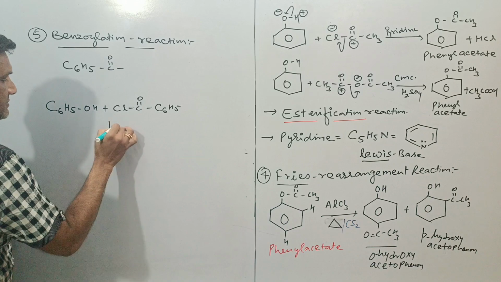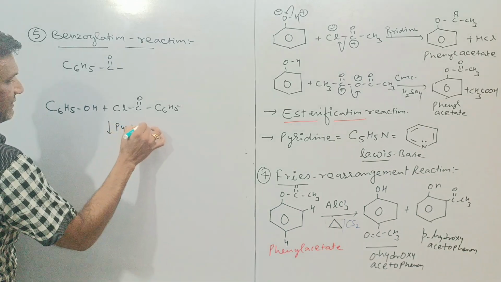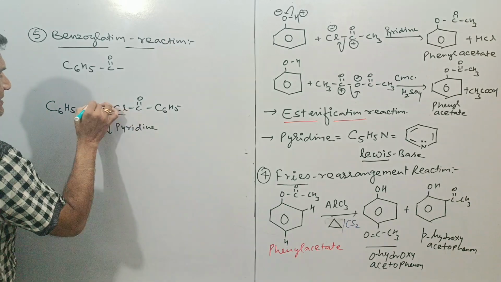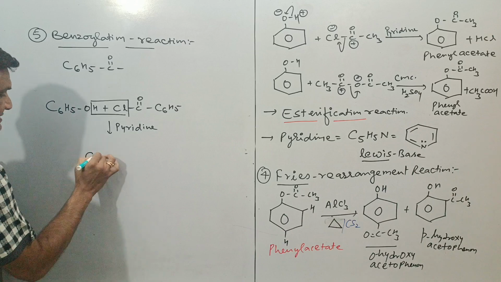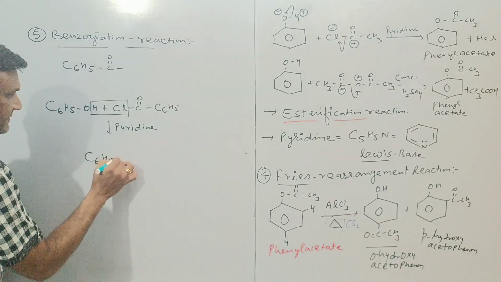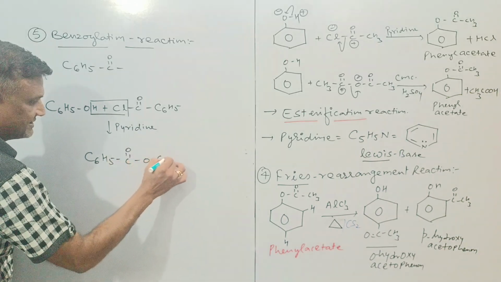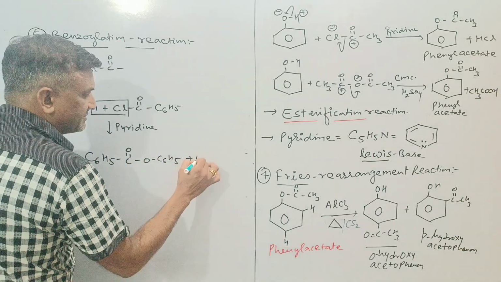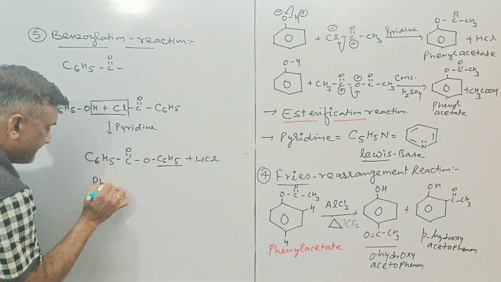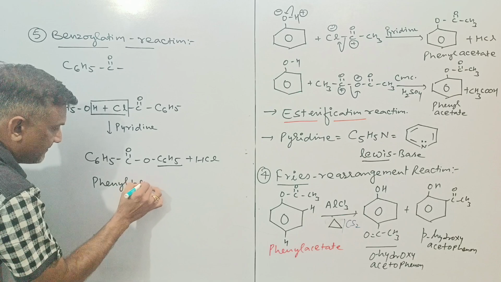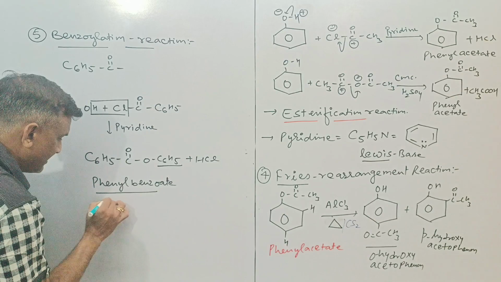We can use pyridine because HCl is removed, as phenol reacts acidically. So C6H5COOC6H5 is formed with HCl. This is called phenyl benzoate, an aromatic ester.